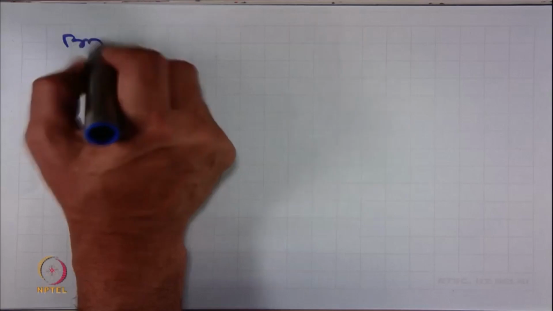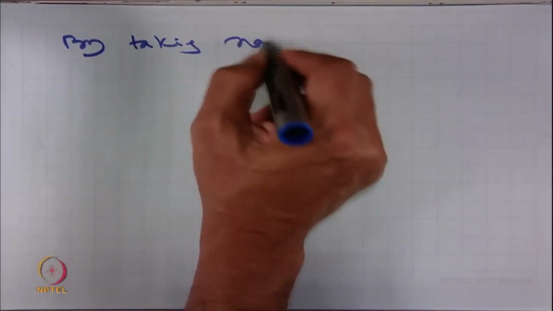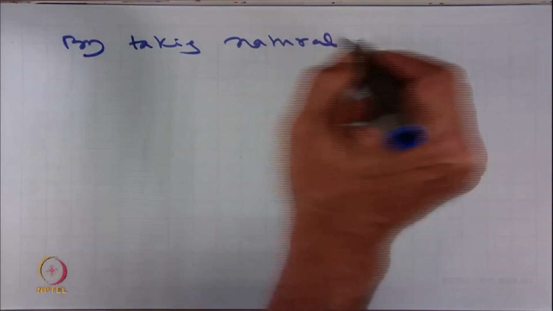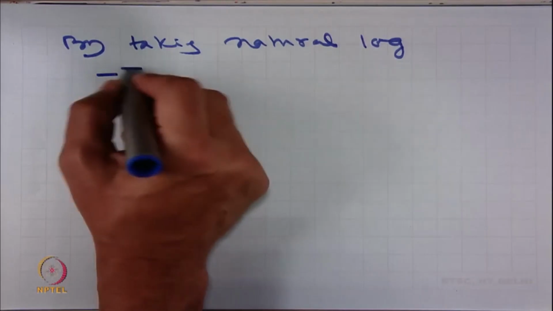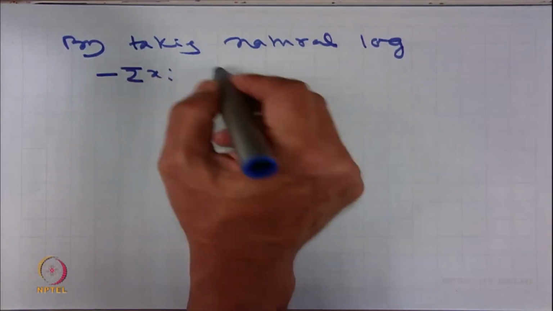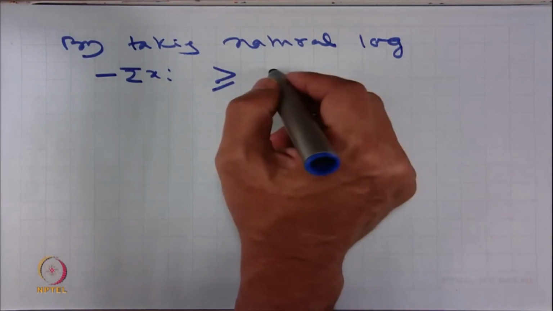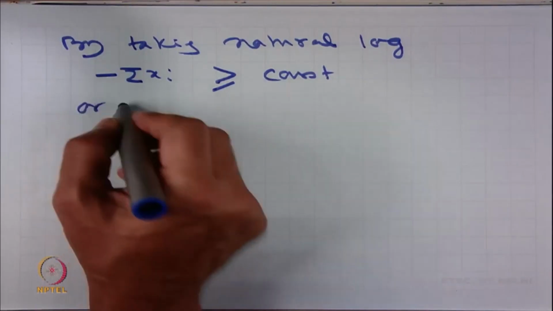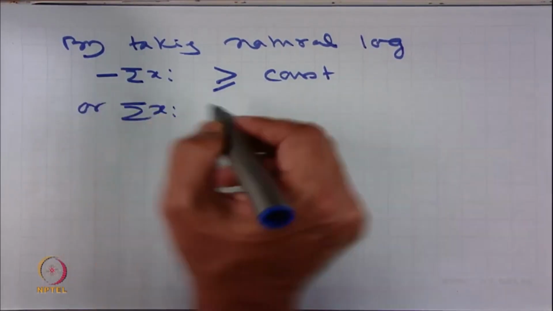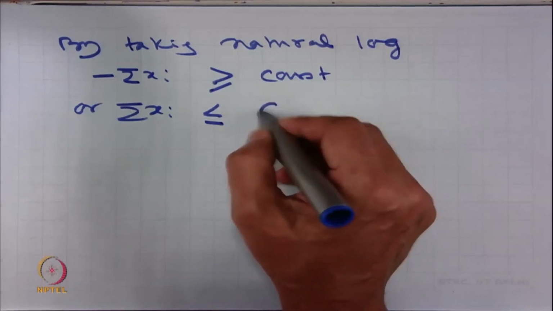By taking natural log, minus sigma xi is greater than equal to some constant, or sigma xi is less than equal to some constant.